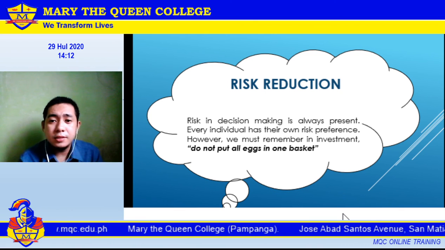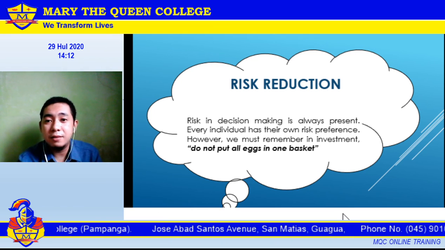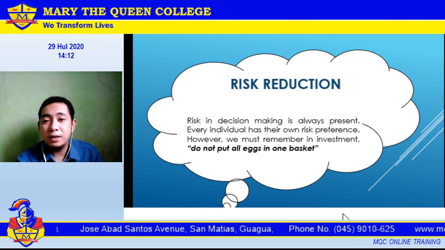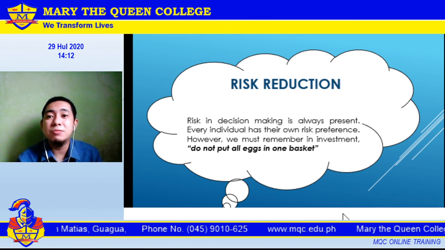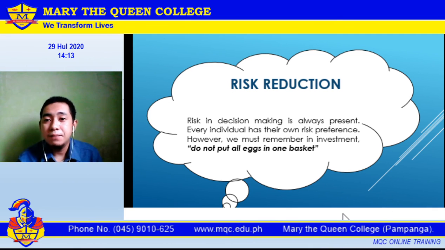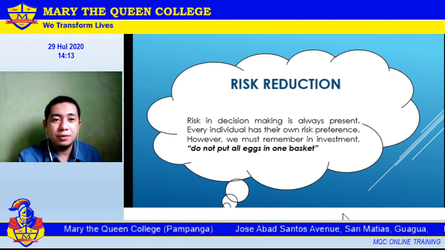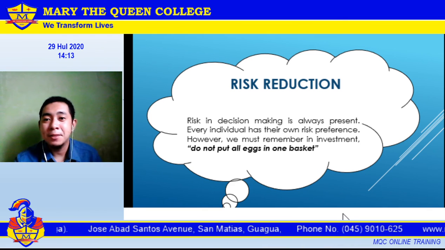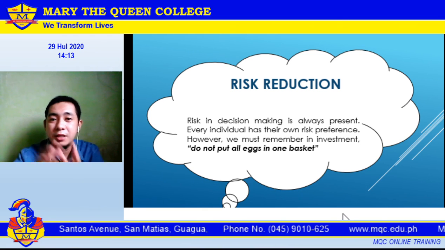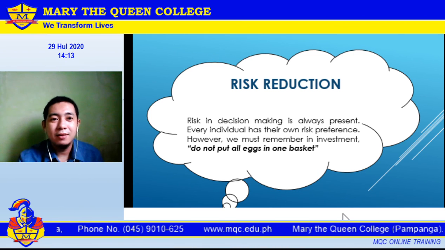So, kasi kapag nilagay mo yung itlog, lahat ng itlog mo sa isang basket, no? Pag natumba yan, mababasag lahat. Same thing with investments and with your assets, no? When you put all your money in one bank, tapos na-bankrupt yon, insurance na lang makukuha mo, insurance money, that's a PDIC, no? When you put your investment in one business at na-bankrupt yung business na yon, wala na.